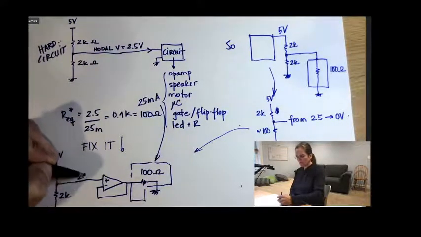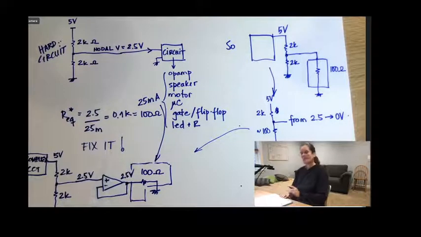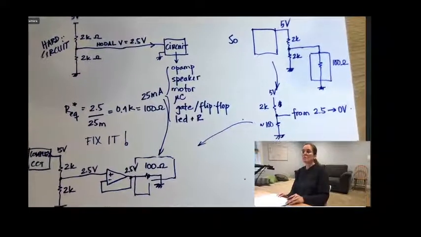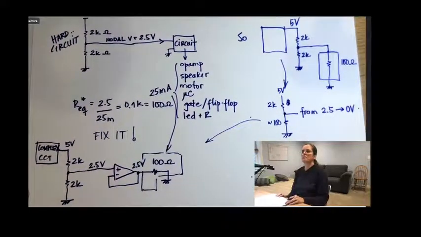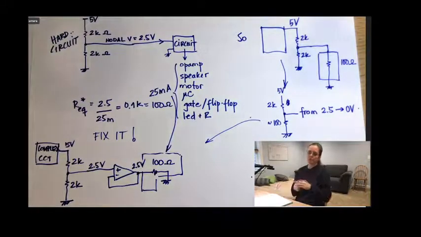And so you guarantee here 2.5 volts, and you guarantee that in principle this op amp will provide you at least 25 milliamps.